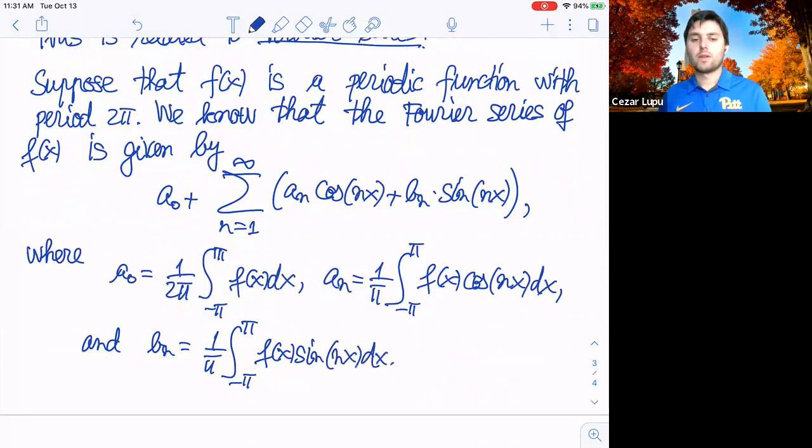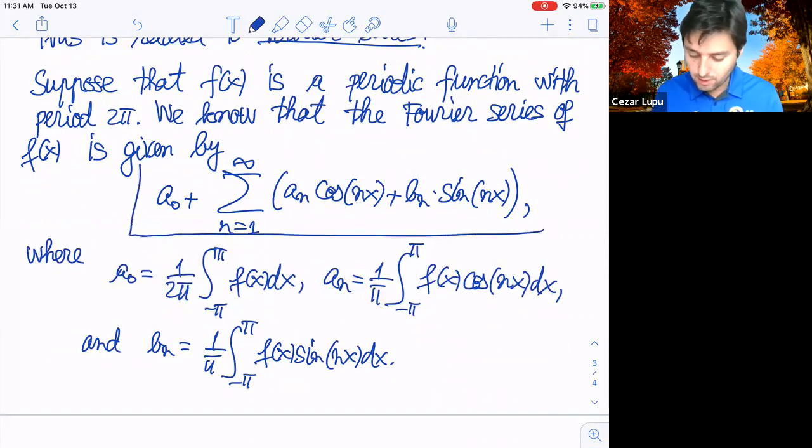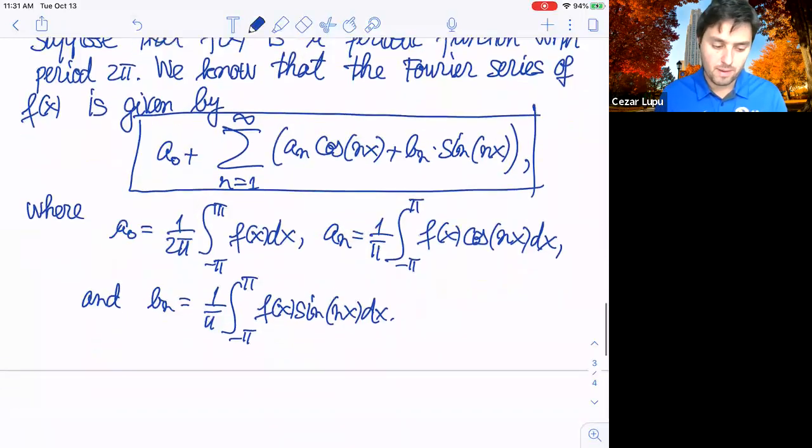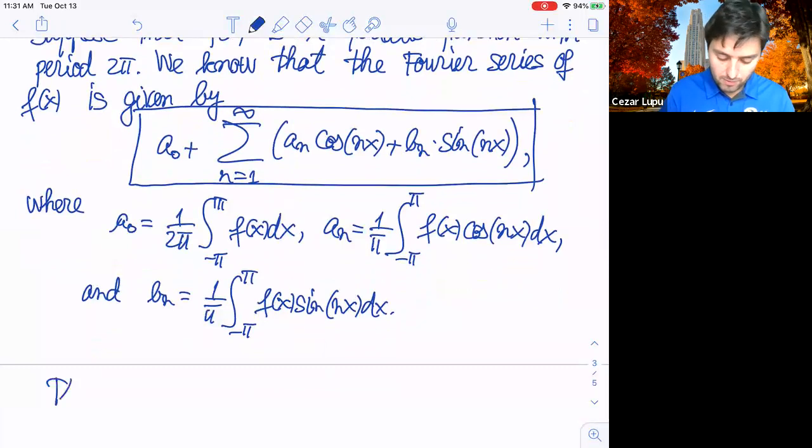And guess what? When you look at this Fourier series, the Fourier series of my function f, and you substitute the values of these coefficients into the partial sum, you can consider the partial sum of the Fourier series.